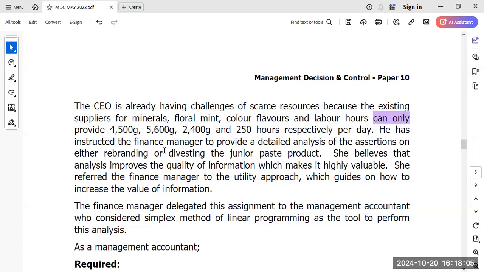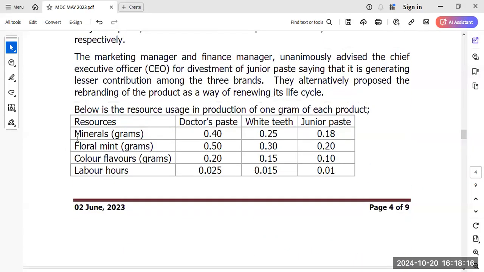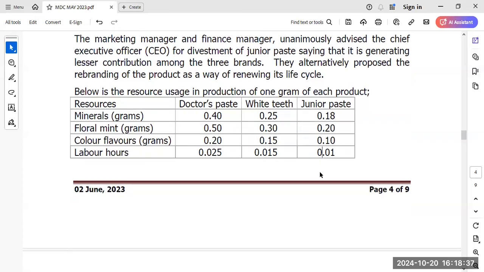So this is where you have inequality. You have this, this, and this, respectively per day. Remember, already you have minerals, mint, color flavors, labor hours. So you just need to get this plus this plus this, then put inequality.